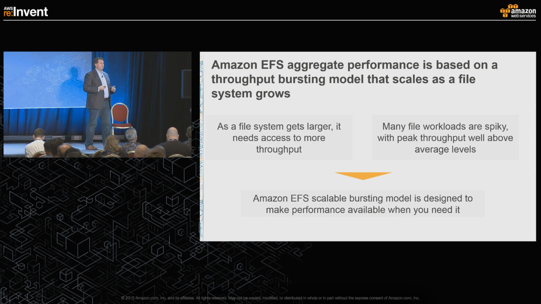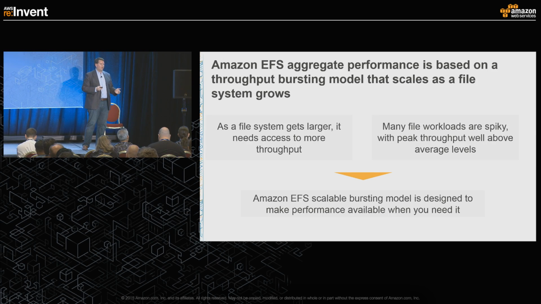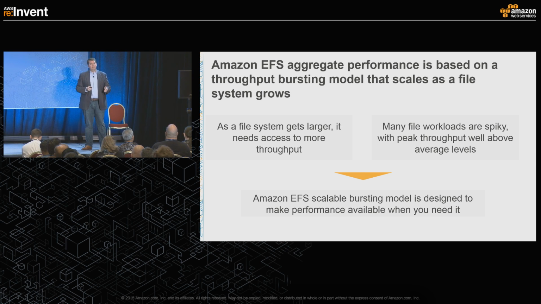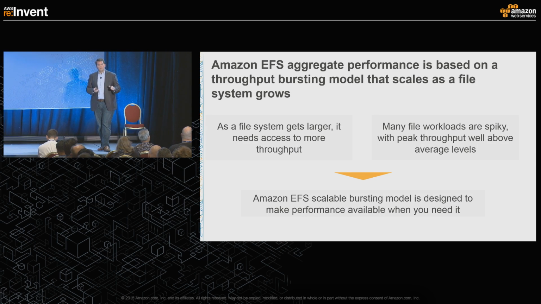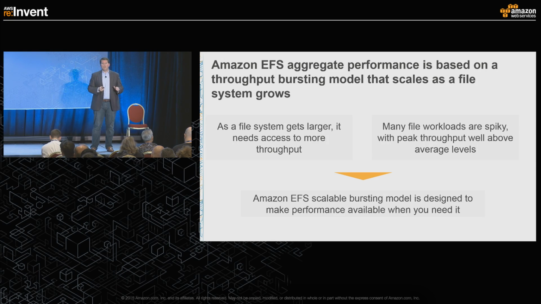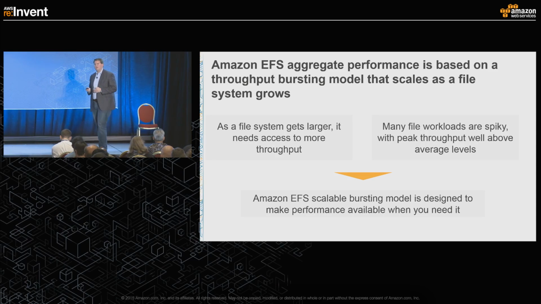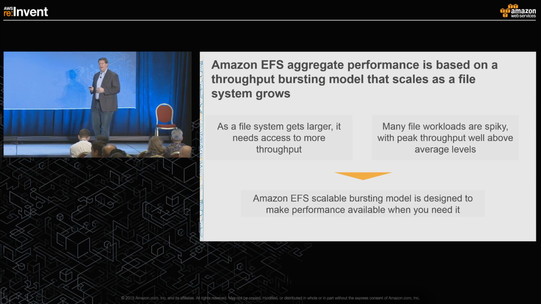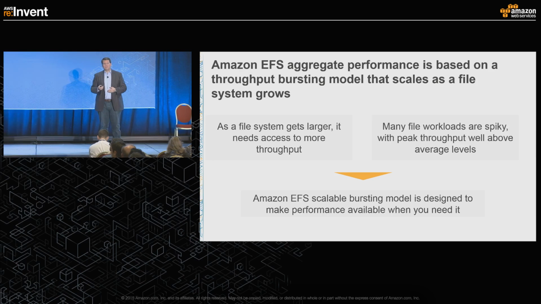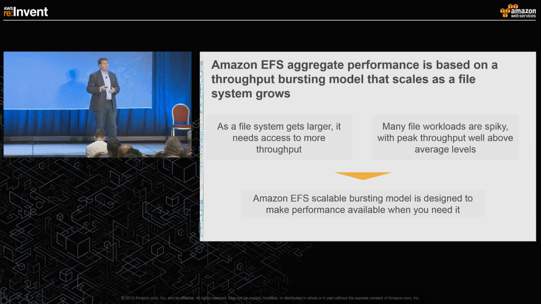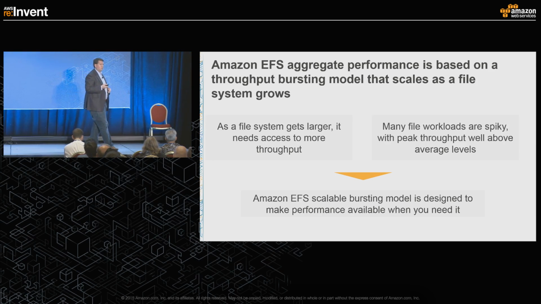And many workloads, as you know, inside of your environments today are spiky. So what we've actually done is we've delivered a baseline level of performance against the file system, a minimum floor, and a high watermark, or a burst mode, that we expect the file system to operate in the majority of the time. If you've been previous users of GP2, you've been exposed to this model before.